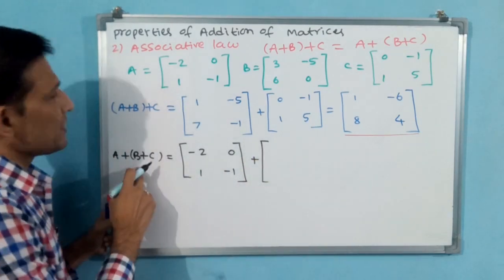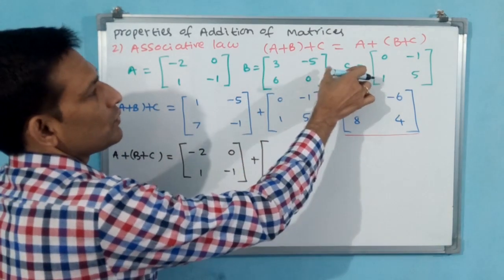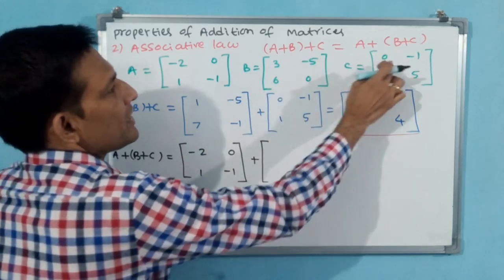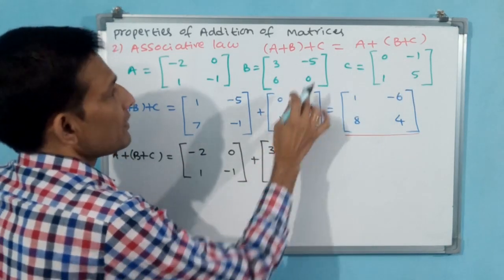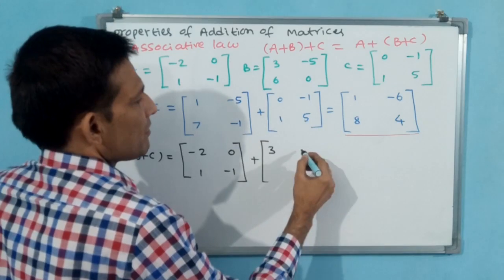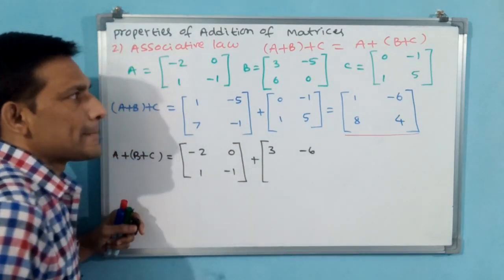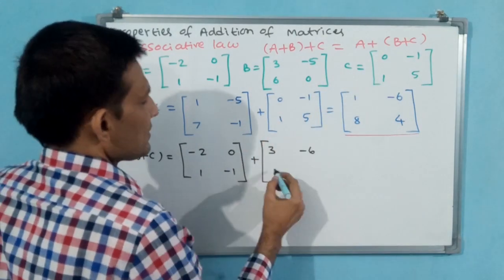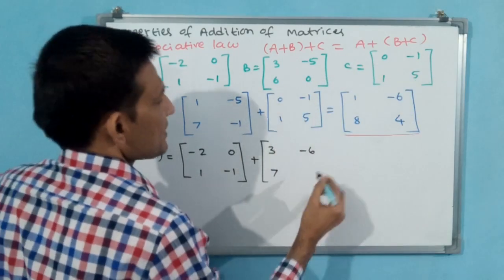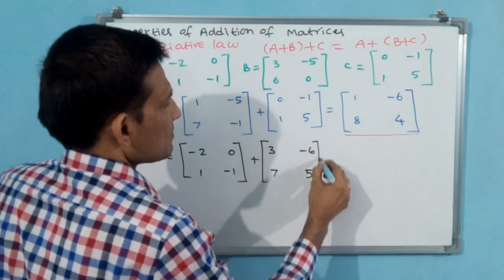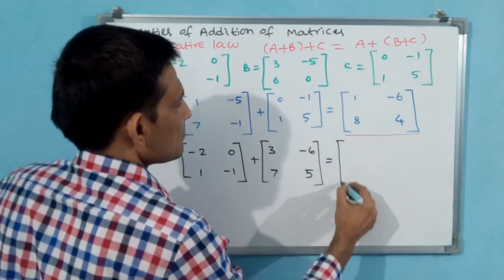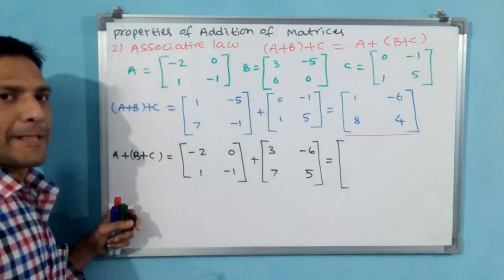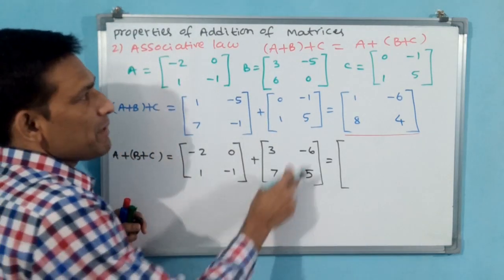Now B plus C operation you perform. B plus C means these two. 3 plus 0, 3. Minus 5, minus 1, minus 6. 6 plus 1, 7. 0 plus 5, 5.